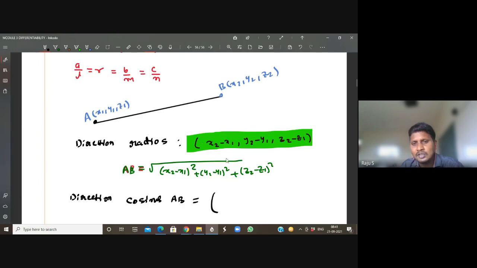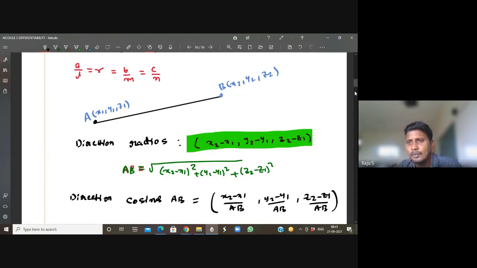The direction ratios are x2 minus x1, y2 minus y1, z2 minus z1, so the direction cosines are x2 minus x1 by AB, y2 minus y1 by AB, and z2 minus z1 by AB. So you should find the distance from A to B. Then the direction ratios divided by the distance from A to B give the direction cosines. AB means the distance from point A to B.